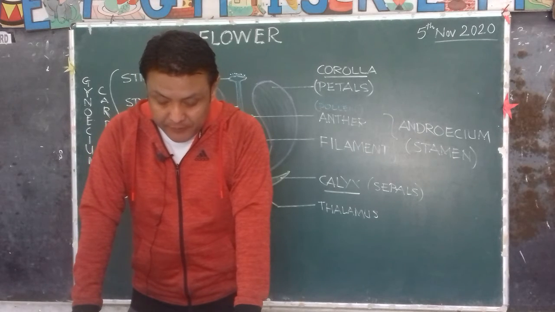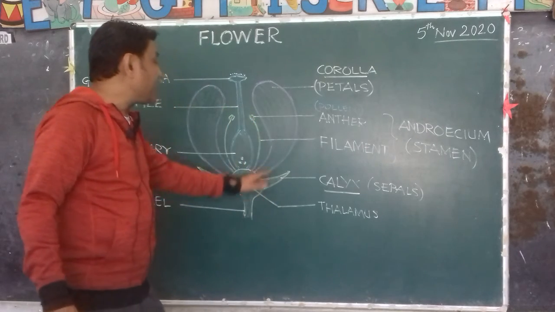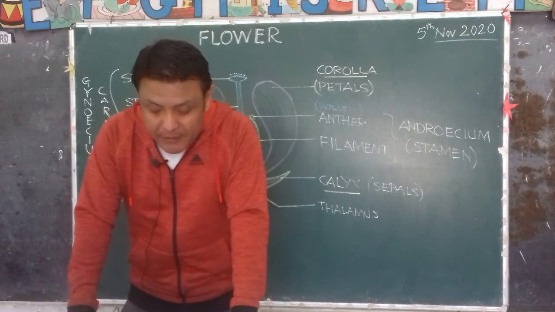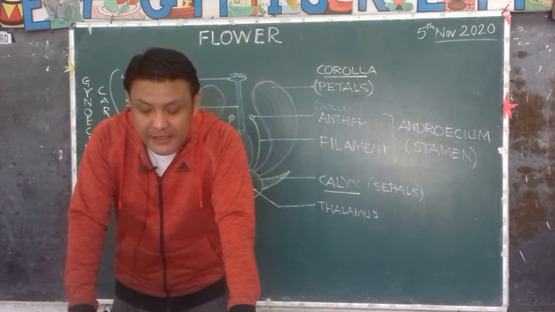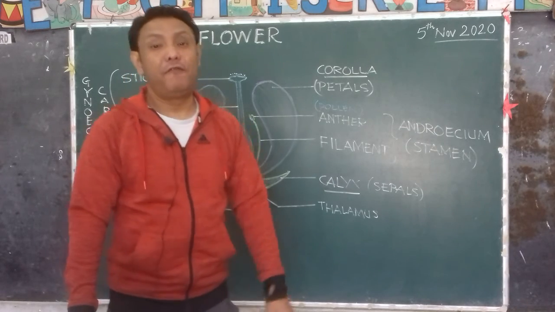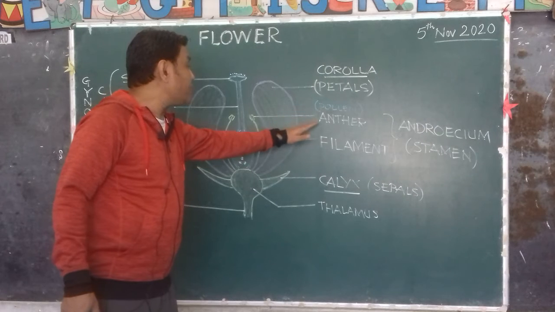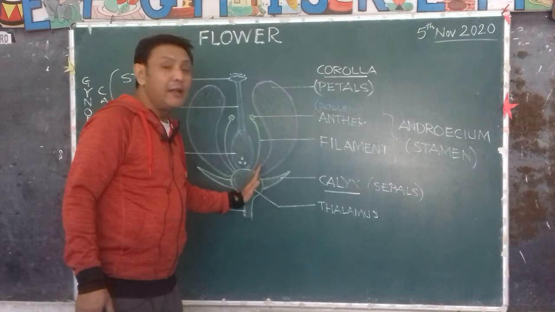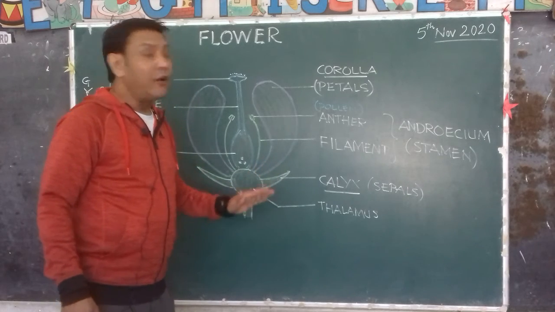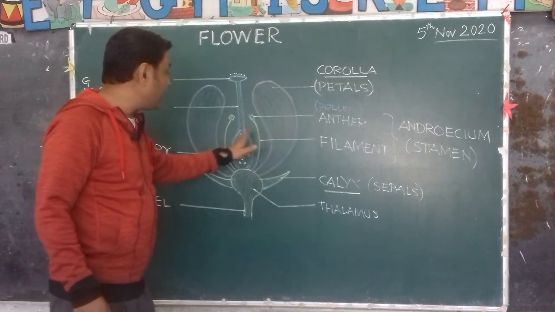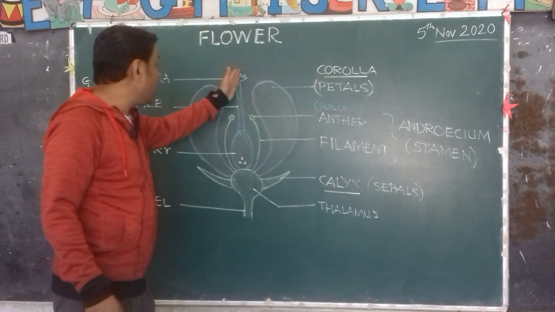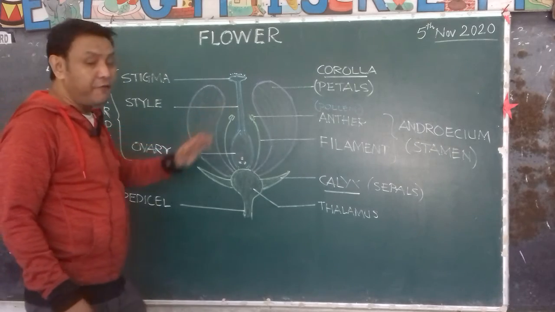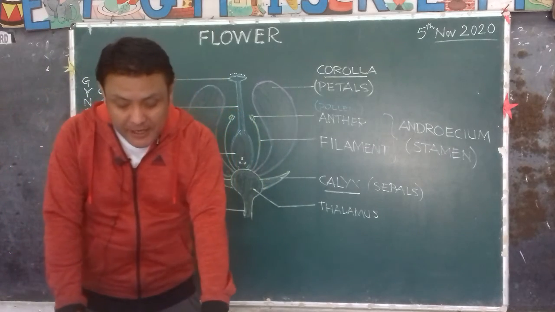So a flower which contains only the stamen is called the staminate flower or the male flower. While a flower which contains, among the androecium and gynoecium, only the gynoecium or the carpel, is known as a female flower.